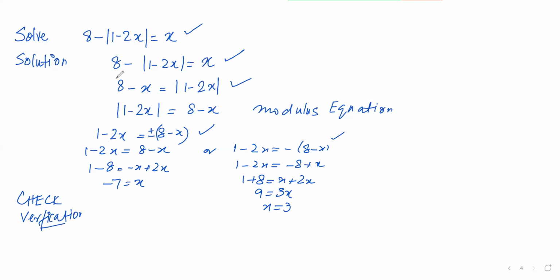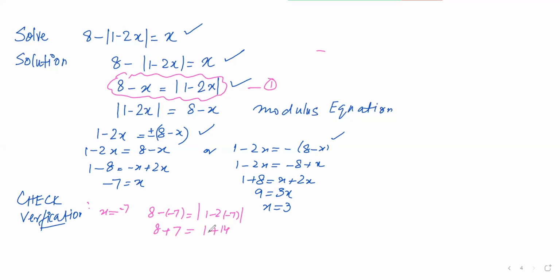Let us start with x equals minus 7. 8 minus x becomes 8 plus 7, which equals |1 minus 2 into minus 7|, that is 1 plus 14.